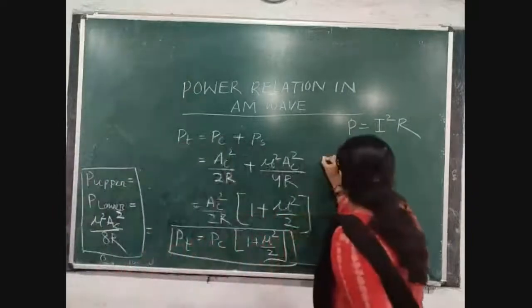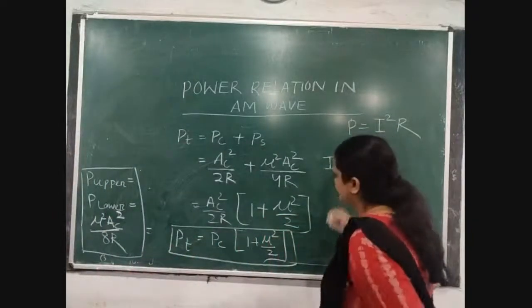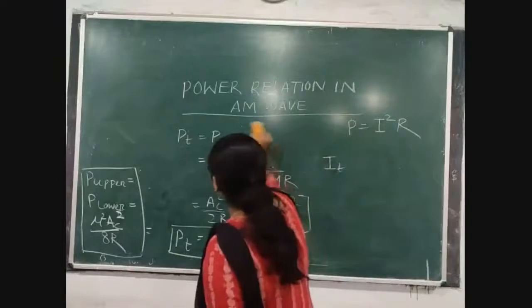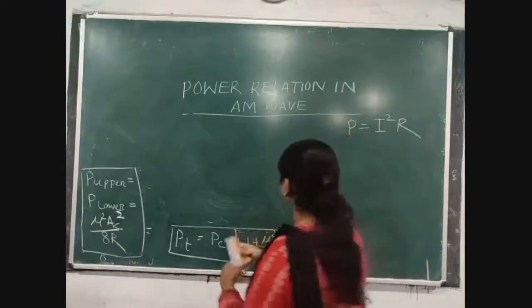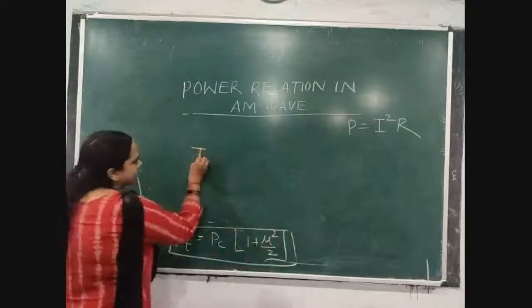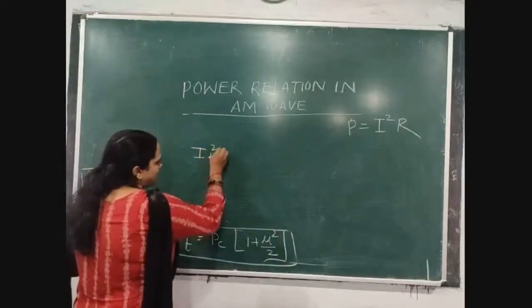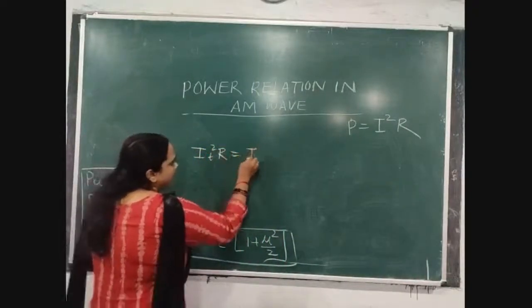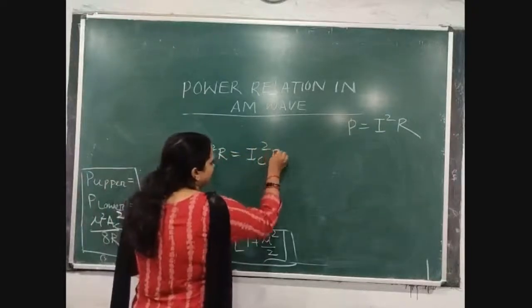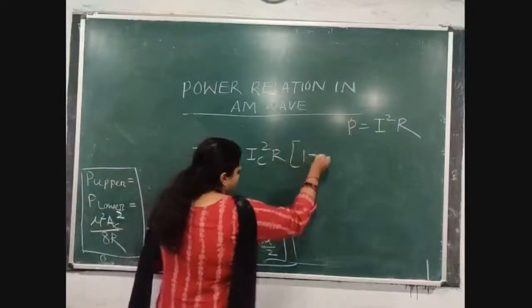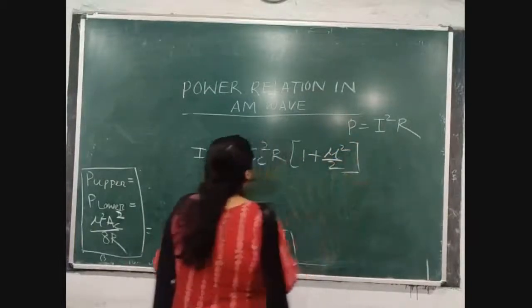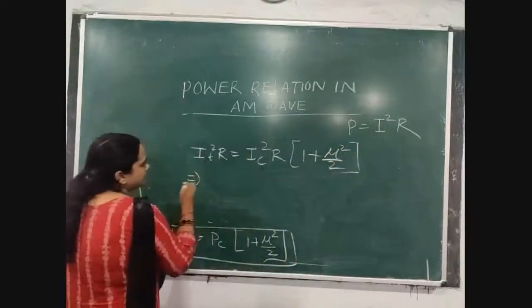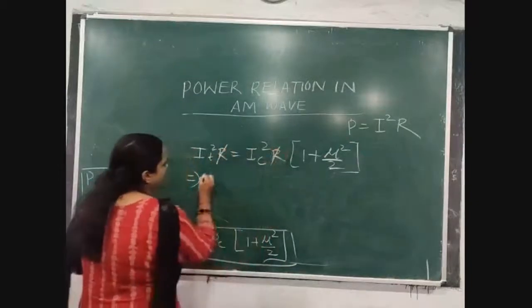So IT square R equal to IC square R into 1 plus mu square by 2. So R cancelled out.